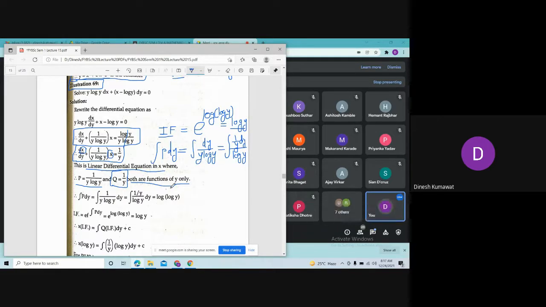Okay, so this is our formula. So x into log y is equals to integration of 1 upon y log y dy plus c. Now tell me what is the integration of this term? How are you going to integrate this term?